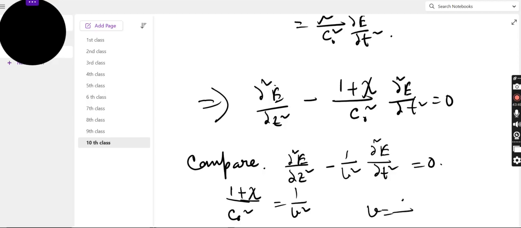So c is equal to c naught by n. So n is basically root of 1 plus chi, which is susceptibility.